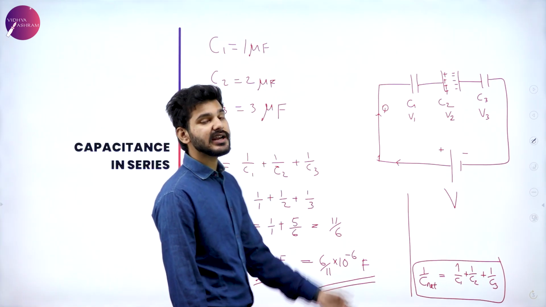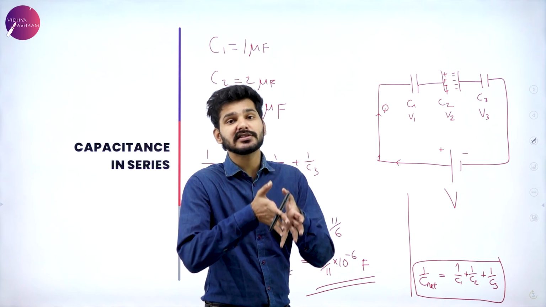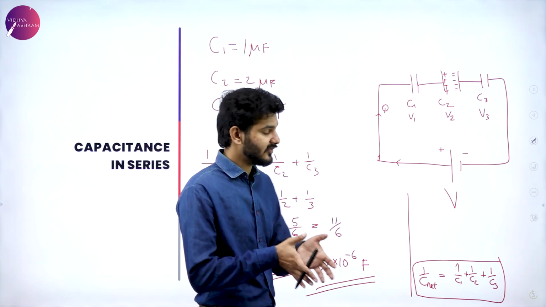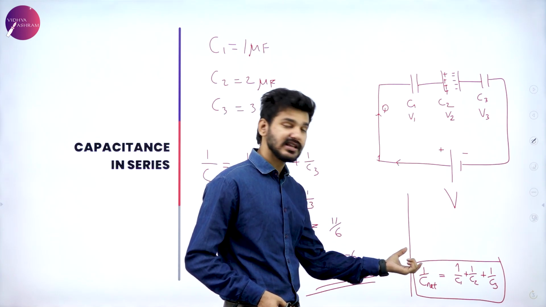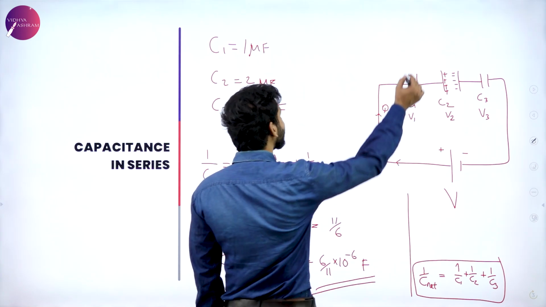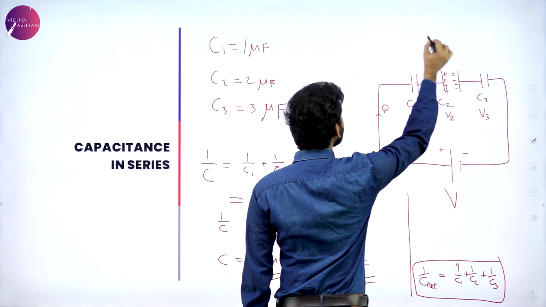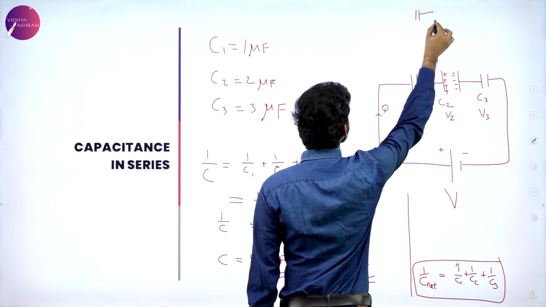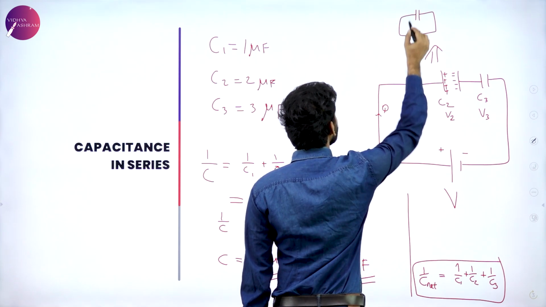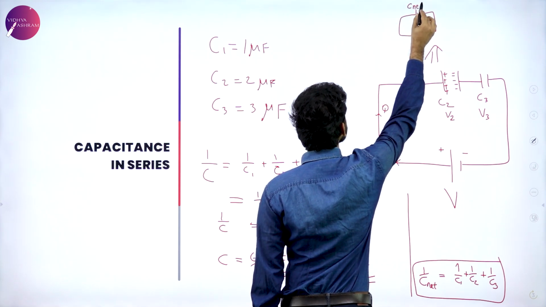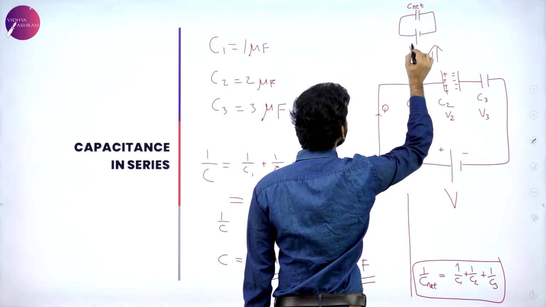What we are doing right here is now reducing the circuit into a simpler form. That is, we are assuming that the capacitance of this will result in a circuit that will look like this. So this will be C net and this will be voltage.